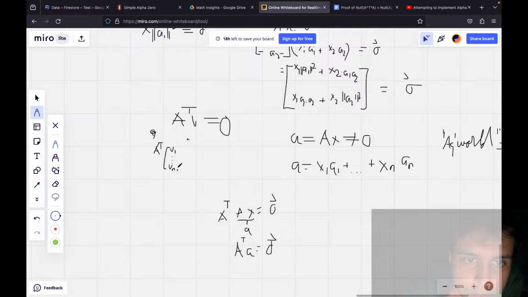This vector gives us the same dimensions as v. What would the ith entry be in this vector? It would be a_i dot v.